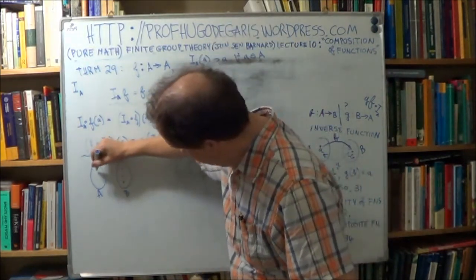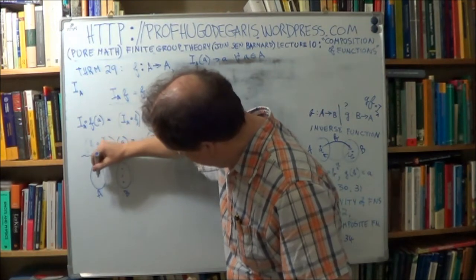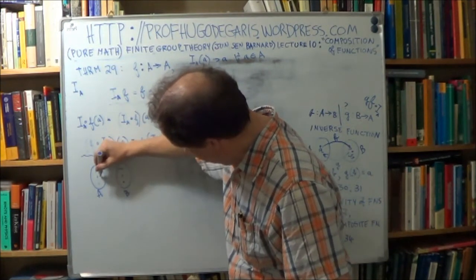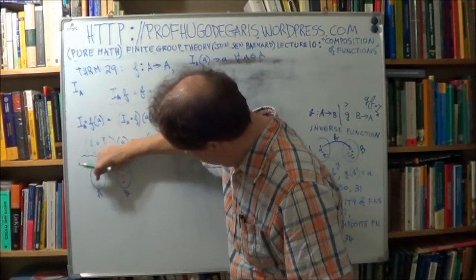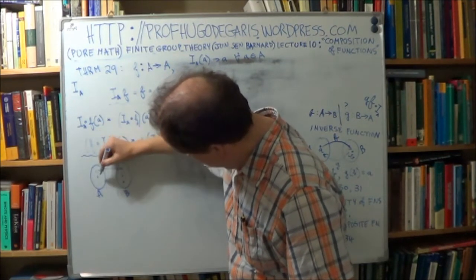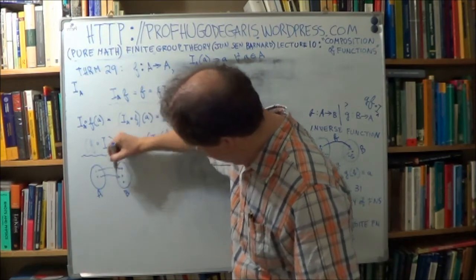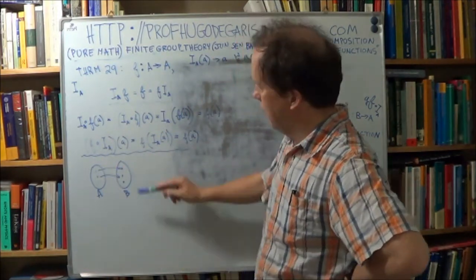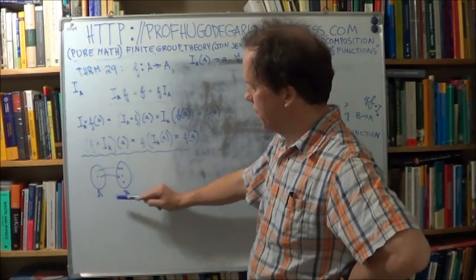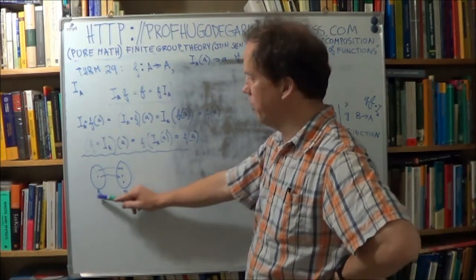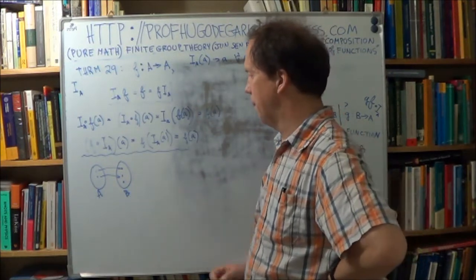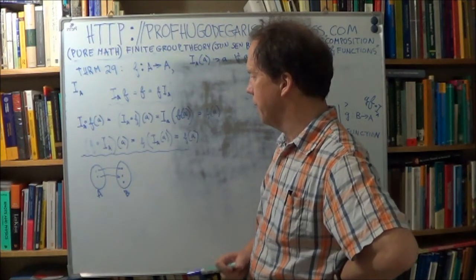So let's say there are only 2 elements in A, and let's say 3 in B. They're different sets. We're not mapping in this case A to A, we're mapping A to B. A general case.